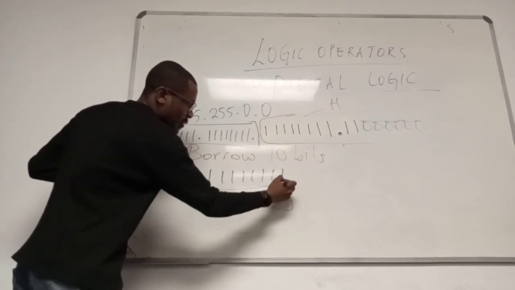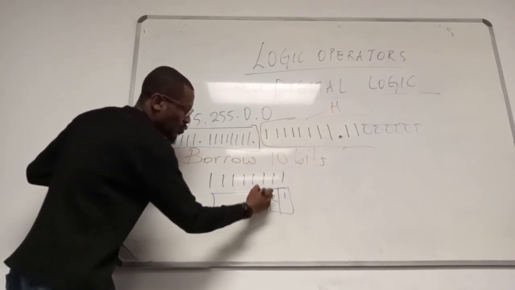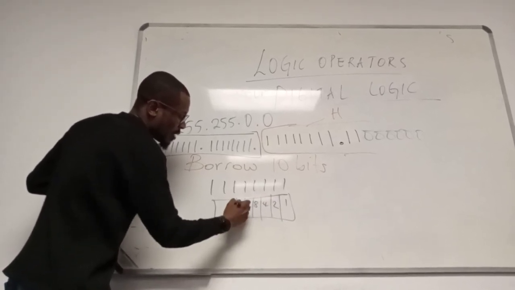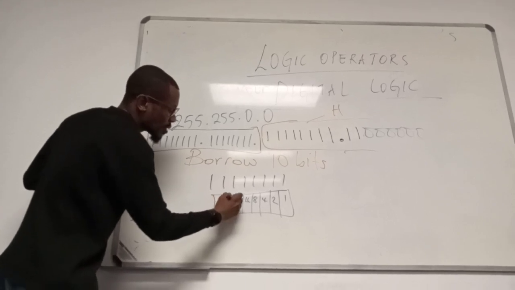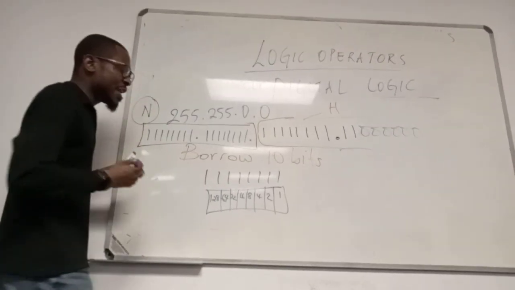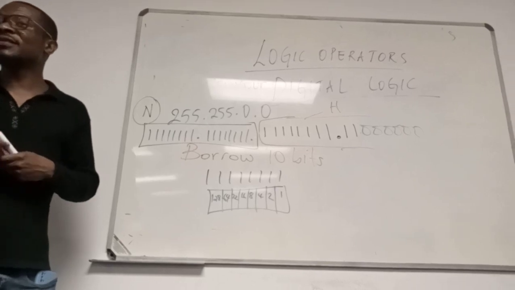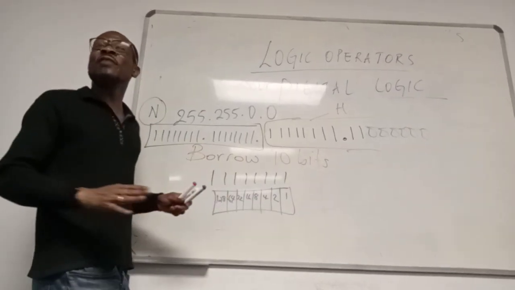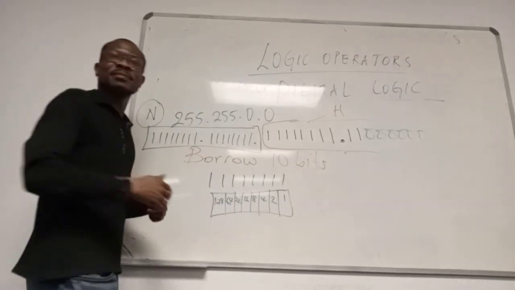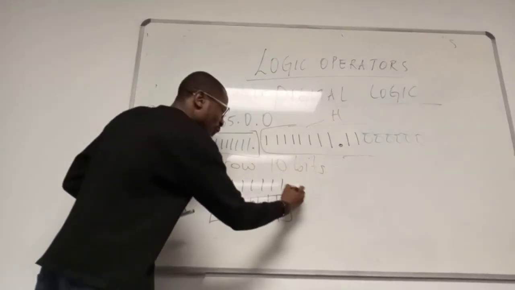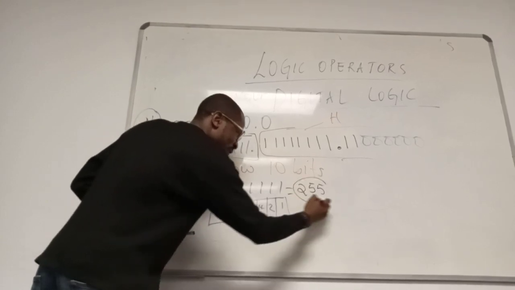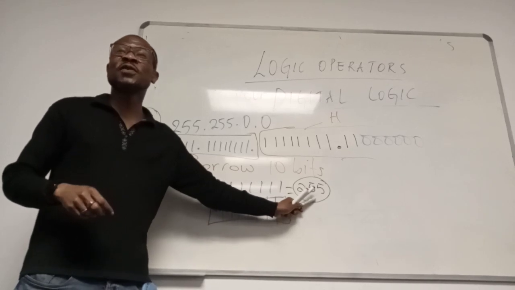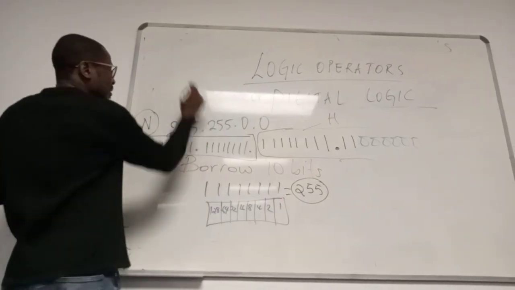You're going to put your table down there: 1, 2, 4, 8, 16, 32, 64, 128. If you do the sum of everything, because there are only ones, so the answer is going to be 255. Because you get already 255, your new subnet is going to be what?